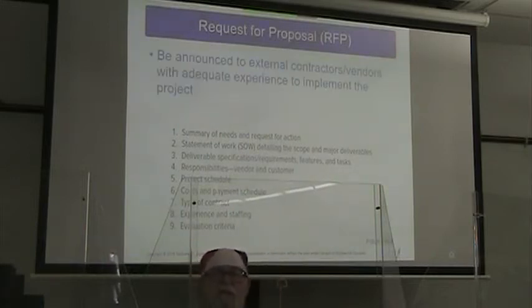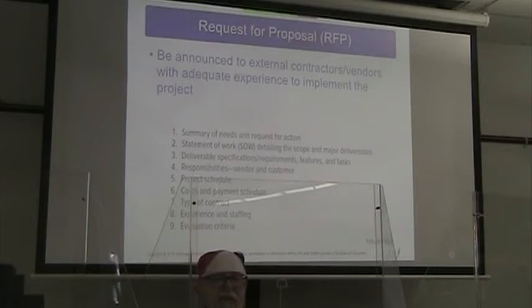So we announce that request for a proposal to external contractors and vendors with the experience to implement the project. Okay, so we may have to vet all the people that want to put in bids on it.